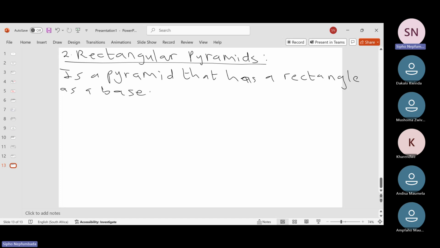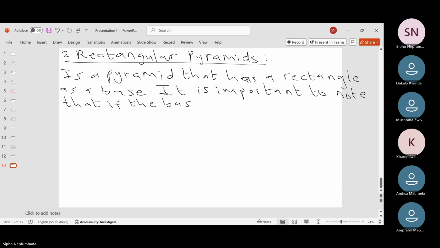So it is important to note that if the base is a square, the area of all the faces will be the same.